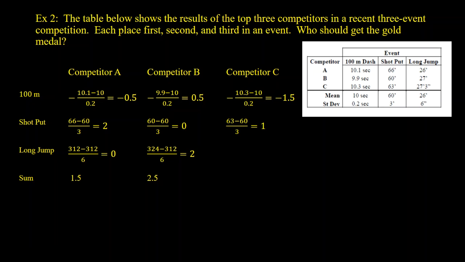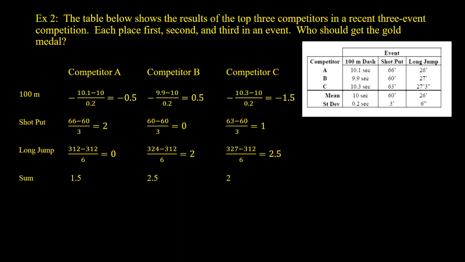And finally, competitor C had the longest long jump distance, 3 inches longer than B's, so we're going to have 327. So 327 minus 312 over 6, 2.5. When we sum this together, we get a total of 2. So competitor C's performance was 2 standard deviations above the mean.